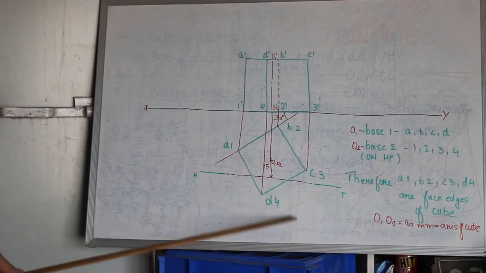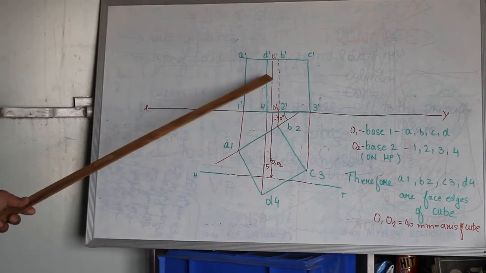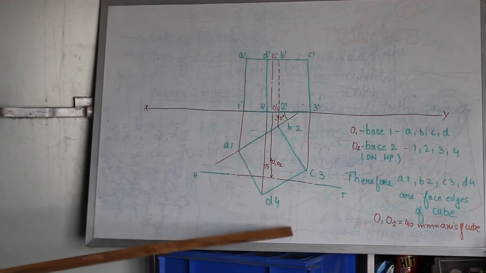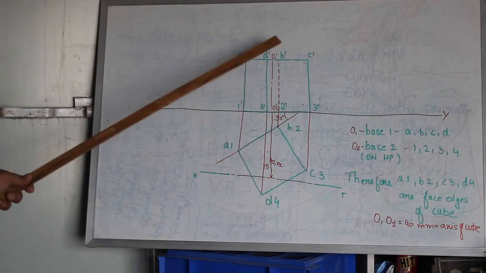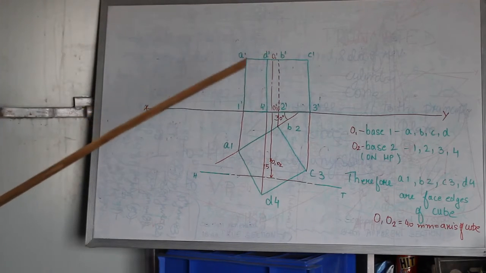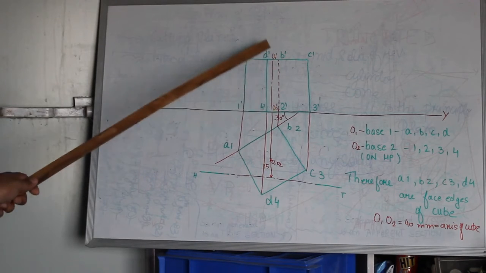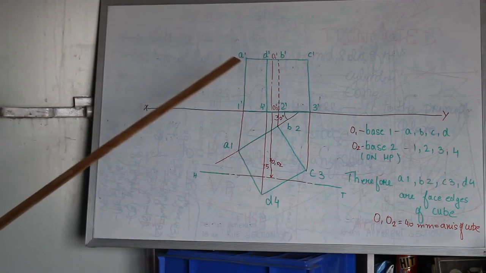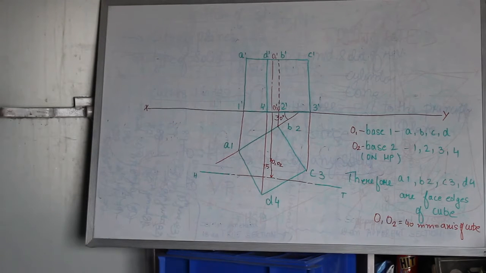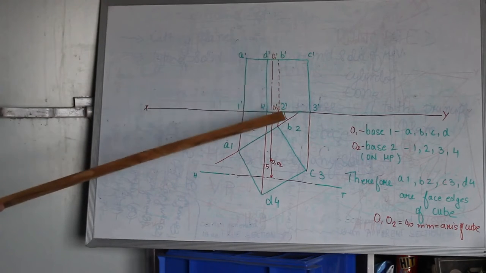So this edge, if I am viewing it from this side of the front view, is hidden, so I've taken this line as the short dash medium line. It is a light line, it is not continuous. You all know about this convention, we studied this in the first class, not on YouTube, but physically in the class.